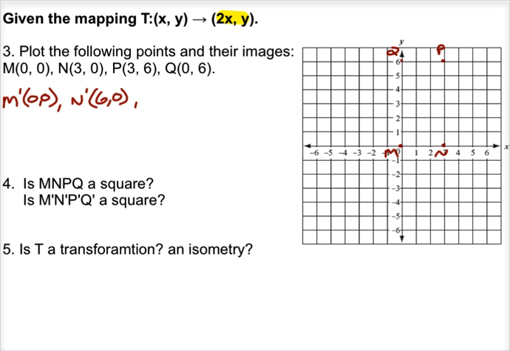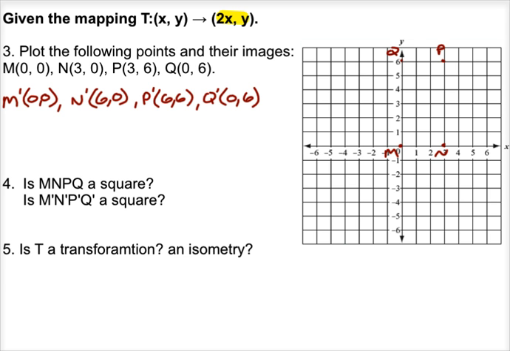Substituting in the P value, so getting P prime. Again, I'm just doubling the x value to 6, the y value has no change. And then Q prime, when I substitute in the values for Q, again, x value gets multiplied by 2, the y value has no change. So now if I plot these values, I'll plot them in a different color.